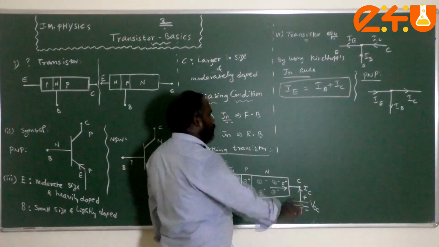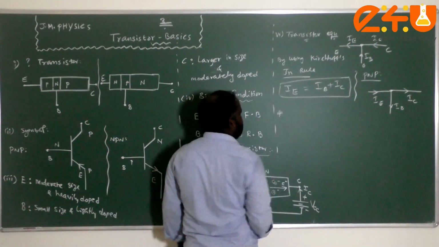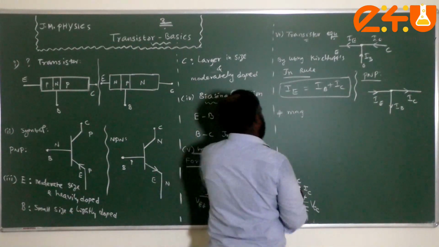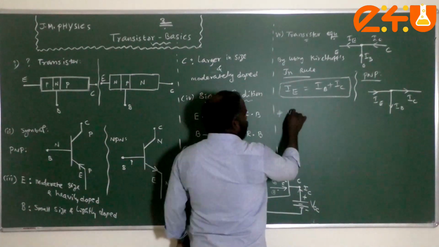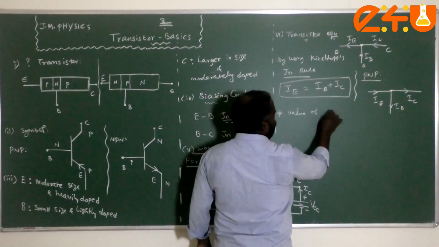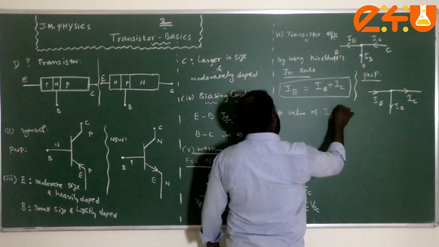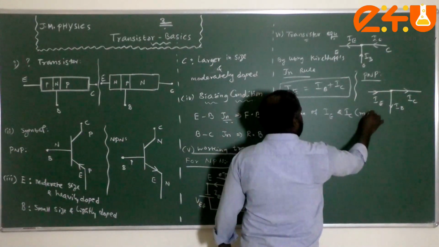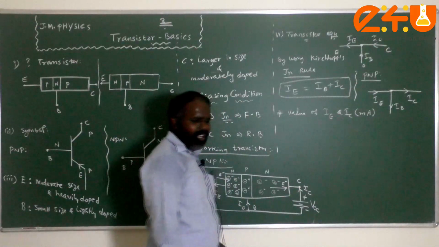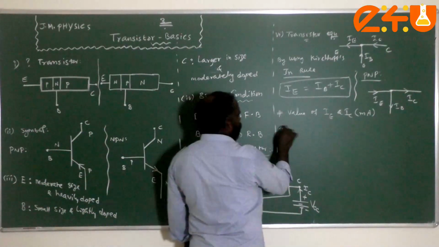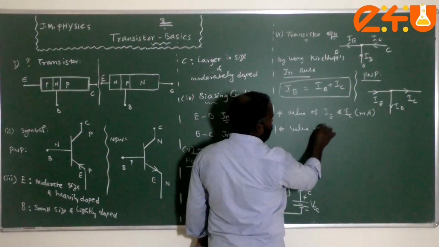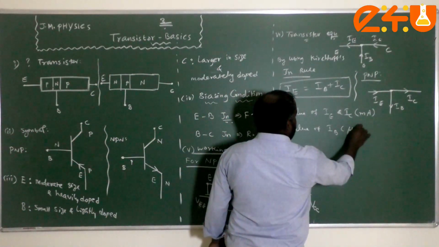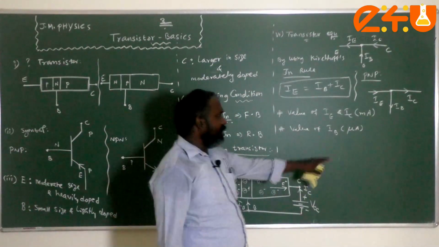Another piece of information we must know here is the magnitude of the currents. The values of IE and IC will be larger, in the milliampere range, but the base current will be in the microampere range. Why is there this variation?